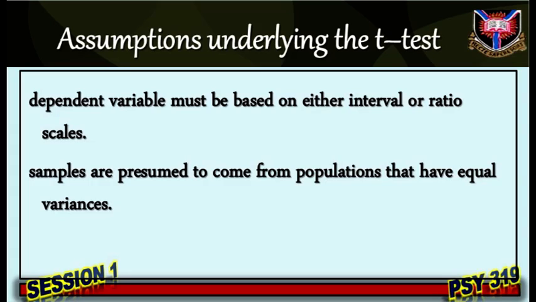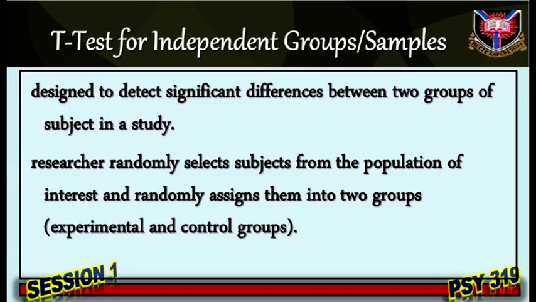The two variations of the t-test presented in this study section are the t-test for independent samples and the t-test for repeated measures. T-test for independent groups/samples. The t-test for independent samples is specially designed to detect significant differences between two groups of subjects in a study.